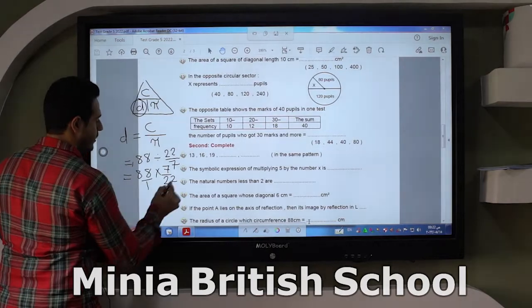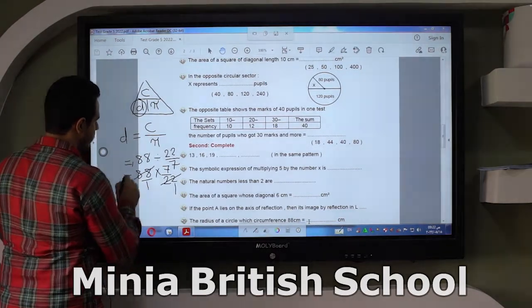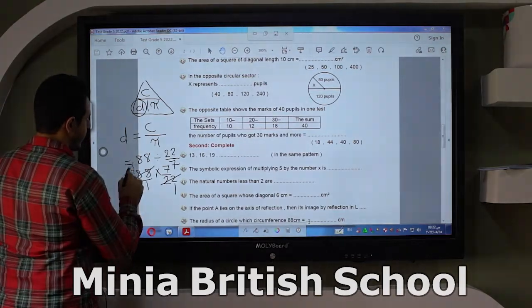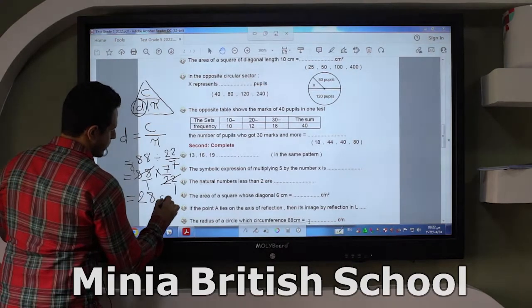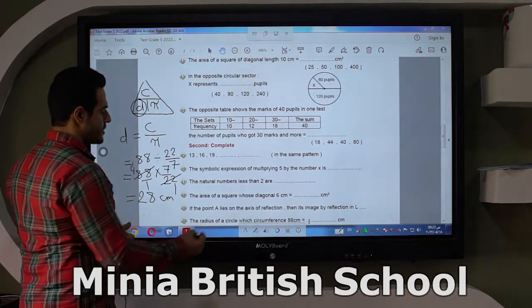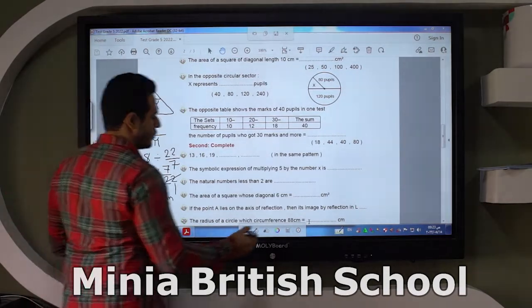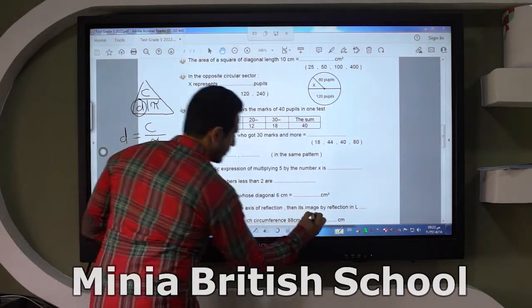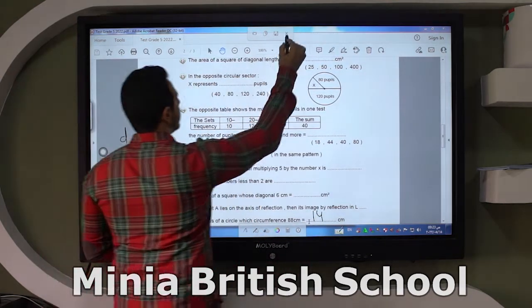By simplifying, 22 divided by 22 equals 1, 88 divided by 22 equals 4. Now 4 times 7 equals 28 centimeters. This is the diameter. He wants the radius, so to find the radius, divide the diameter by 2. 28 divided by 2 equals 14 centimeters.